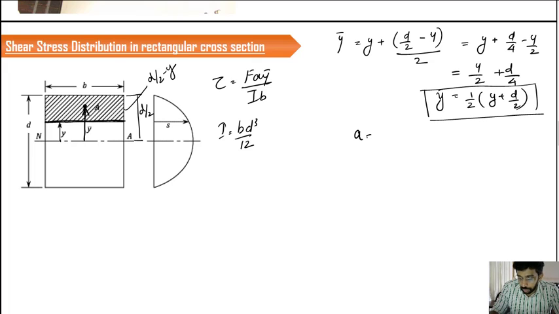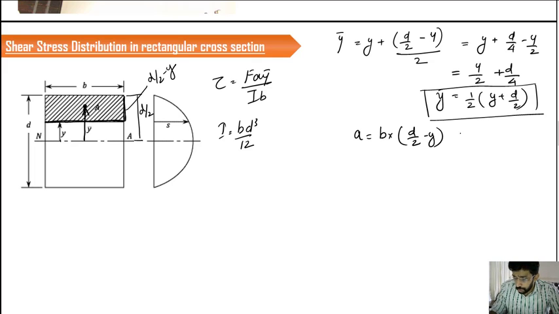Now we need the value of area A, which is equal to breadth into thickness, B into what is the value of this side? It is d by 2 minus y. So A is going to be B into (d by 2 minus y).